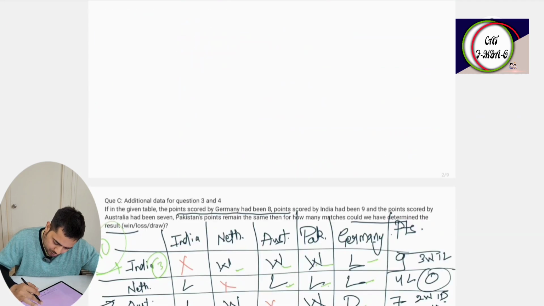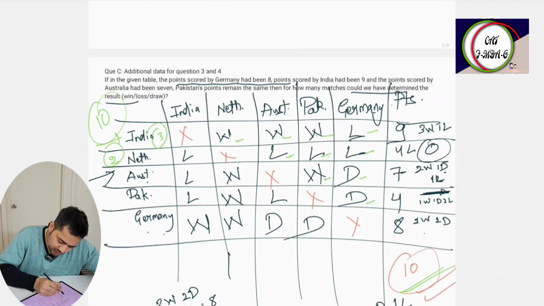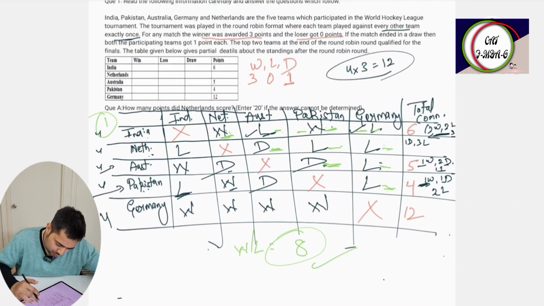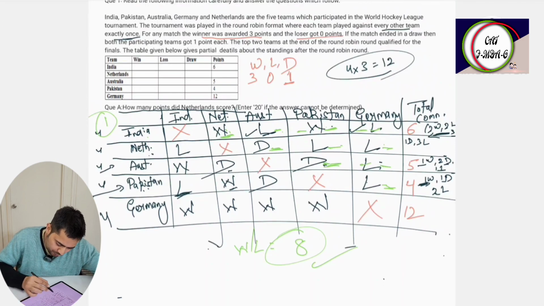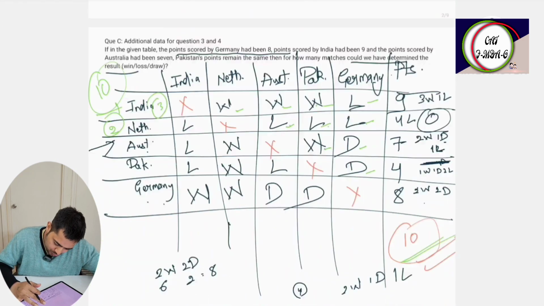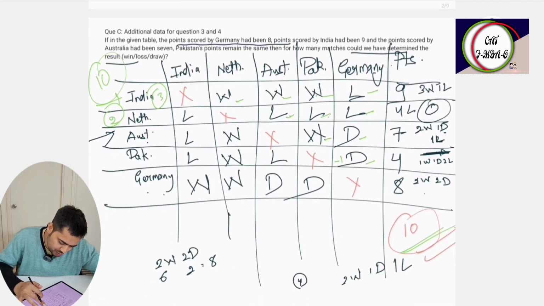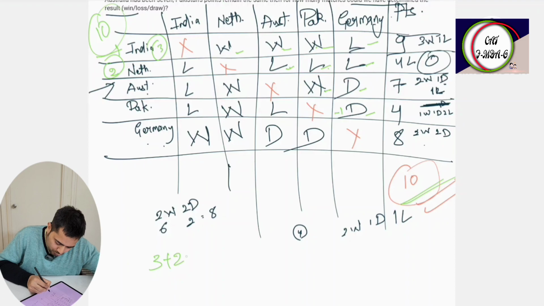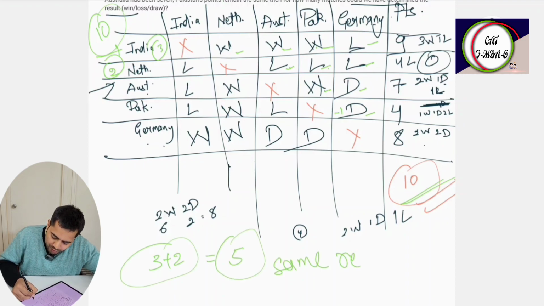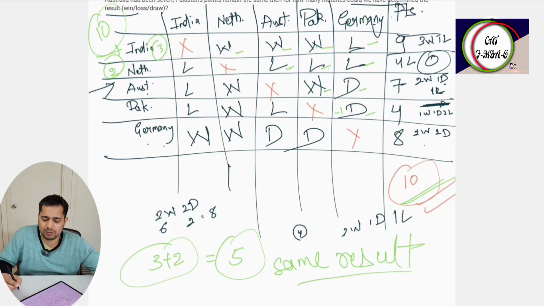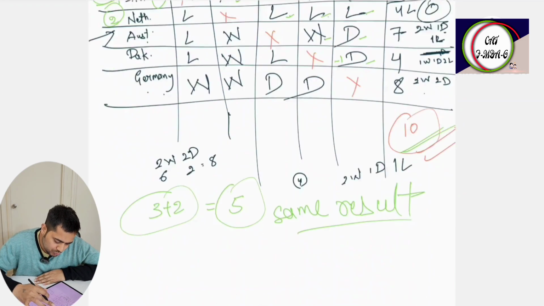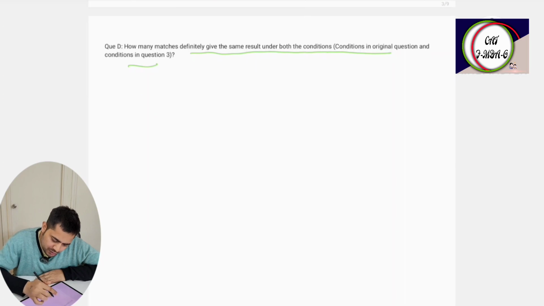So 2 matches have the same result. Now Australia: win and draw, draw and loss are different. Pakistan: loss, draw, different. So out of 10 matches, only 3 plus 2, 5 matches show the same result. You can verify from both of your tables.